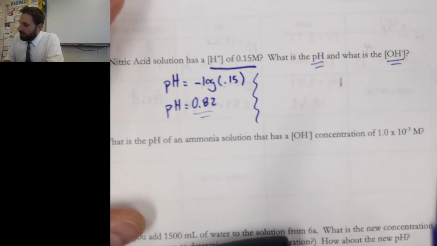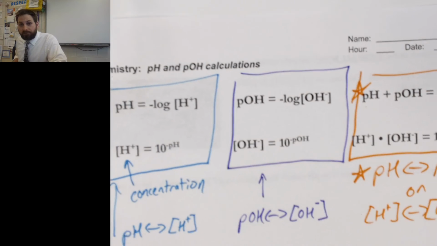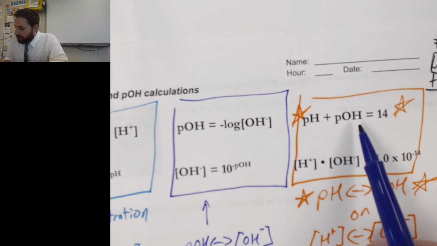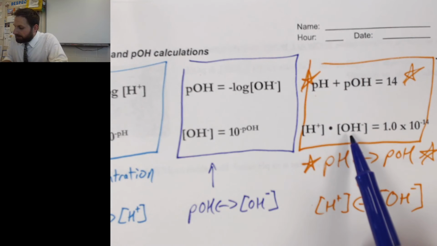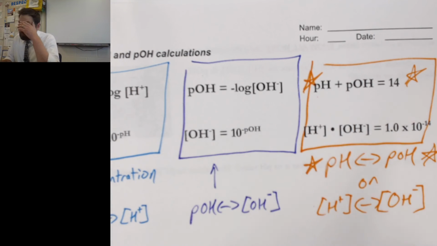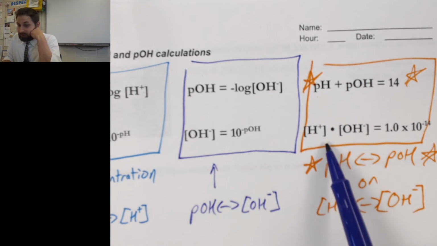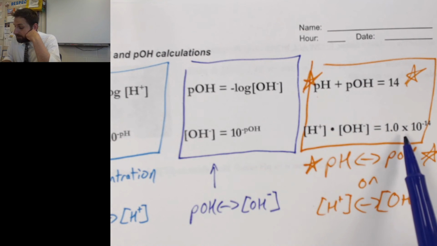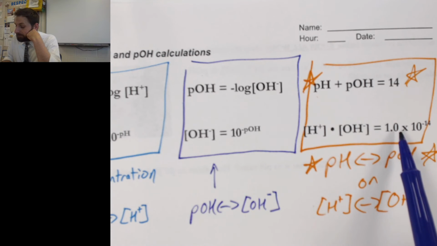What is the OH concentration? Back to the front. If I look at the front, there is pH plus pOH. All right, so I'm looking for the OH concentration. I could go a bunch of different ways. I could either use this equation because I know my H plus. Some people think this is a scary equation. That's okay.